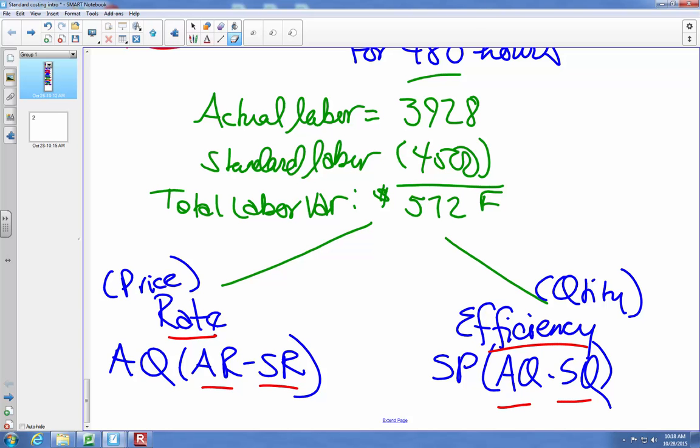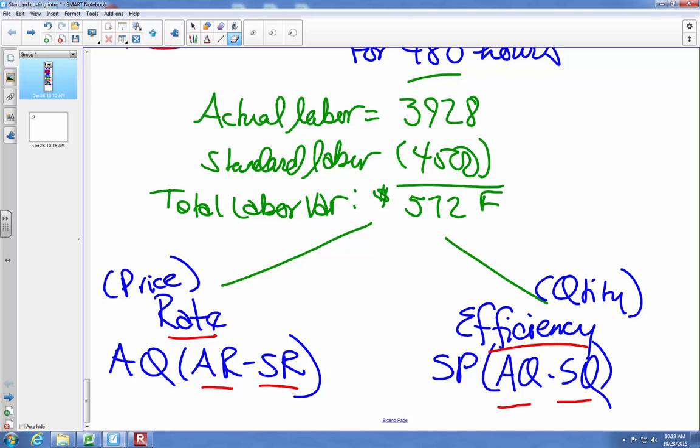So our rate variance, we know that we put inside the parentheses whatever the name of the variance is, right? And so I want to know how much of the differential in the rate happened at the actual quantity I produced. And then for efficiency, which for both labor and overhead is our fancy word for quantity, how much labor did I use, my efficiency variance, I want to put my quantity in the parentheses because that's the name of the variance.